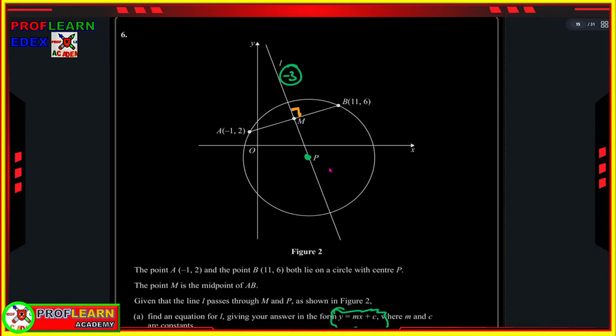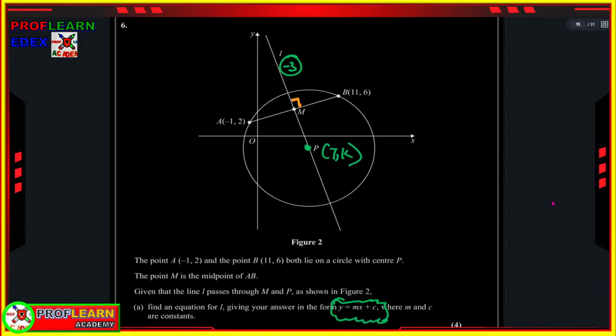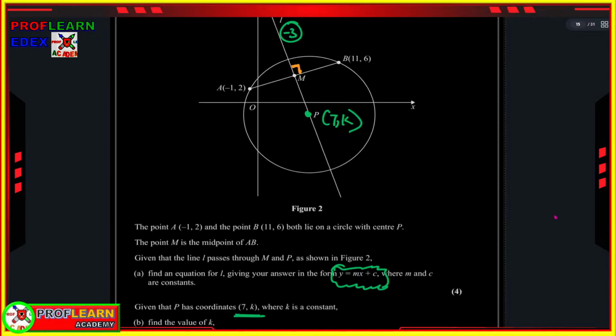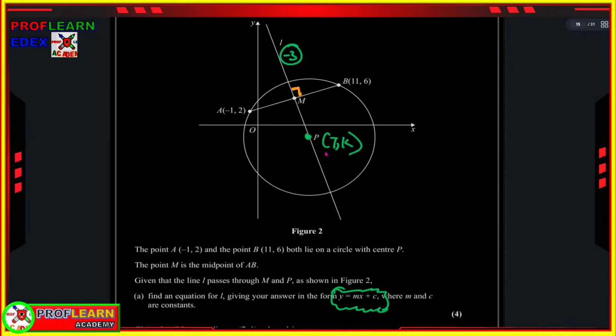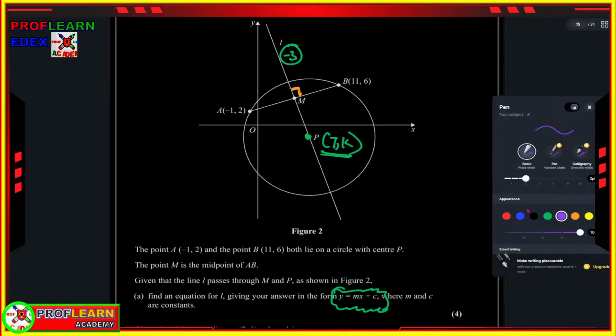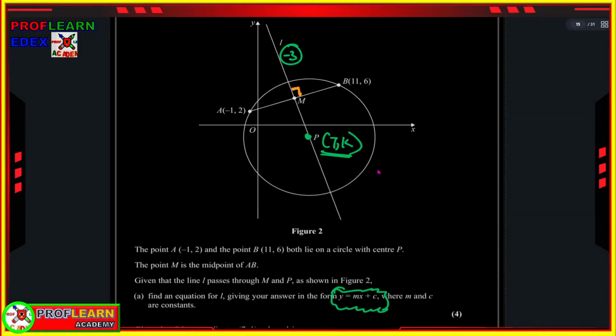So if you want to find the value of k, in that case we are going to use the equation of the straight line that we have obtained, which is -3x plus 20.